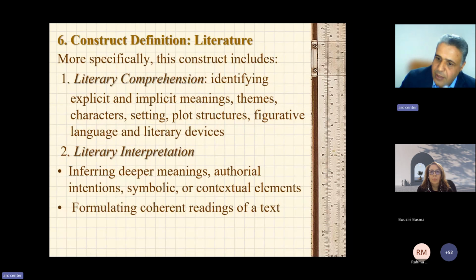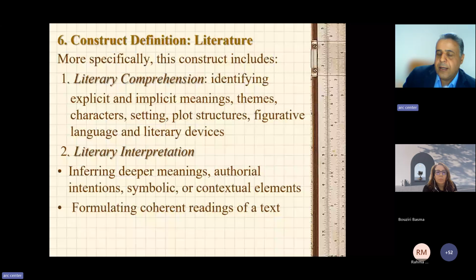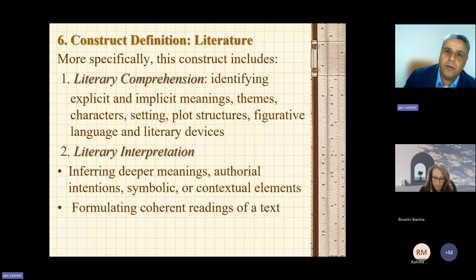We can find other ways through which we can assess literature, not only the stereotypical or very formulaic way, which is using an essay when you test literature. No, there are many other ways or methods for testing literature.